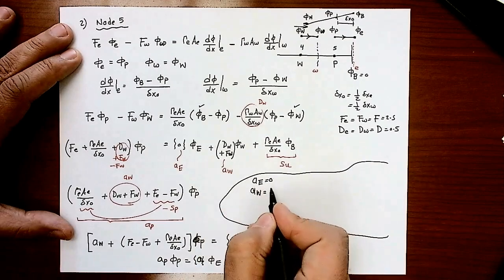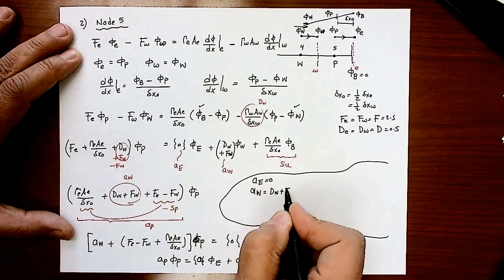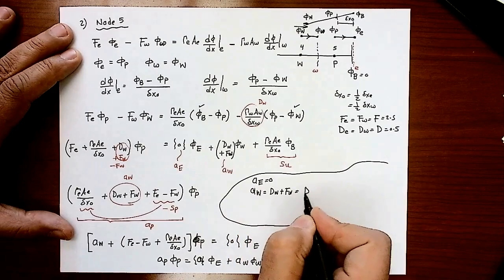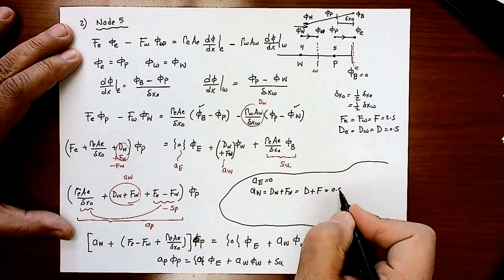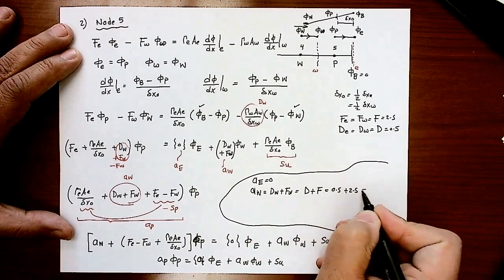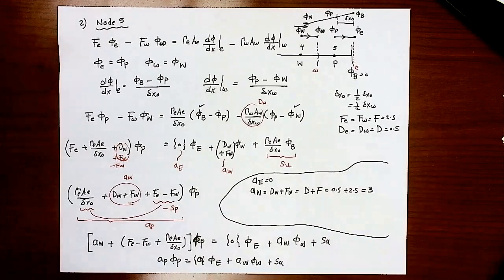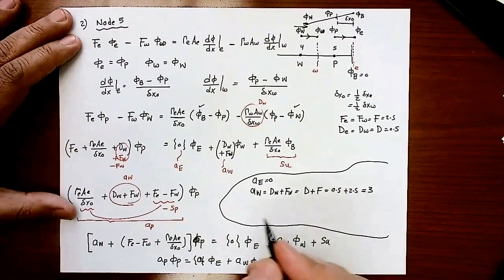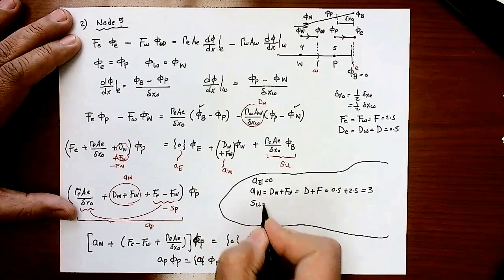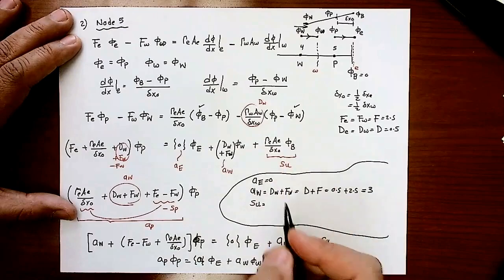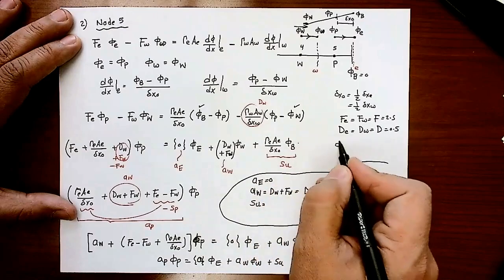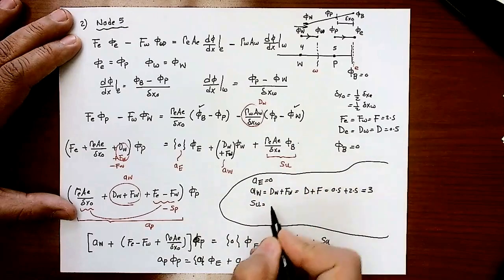A west is D west plus F west, which is simply D plus F. D has a value of 0.5 and F has a value of 2.5, so this will be 3. So for that point A west equals 3. Now SU. SU is equal to kappa east A east over delta x east phi B, and I know that phi B is equal to 0, so SU will be 0.